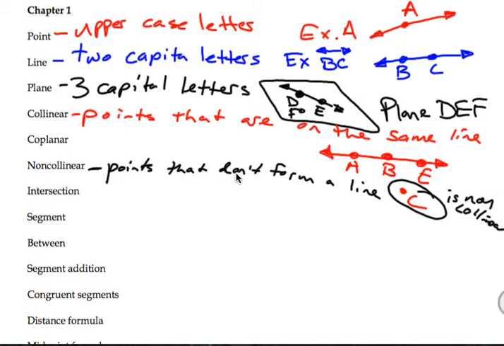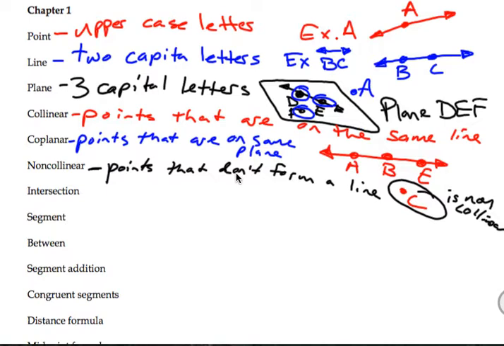So then if I go back and we talk about coplanar, coplanar are points that are on the same plane. So if I look up here, D, E, and F are all on the same plane. If I put like an A out here, then A is not on the same plane, so then you can just scribble that out.